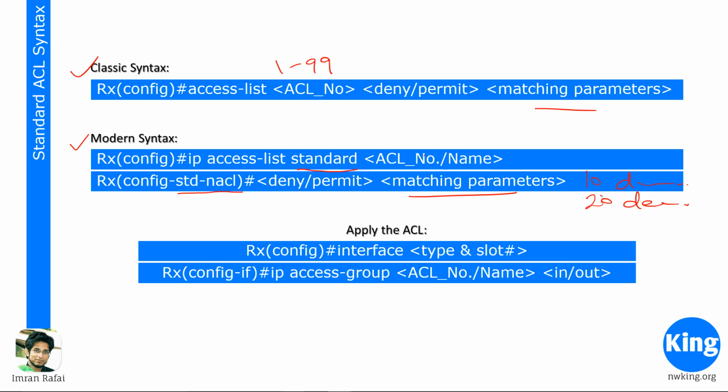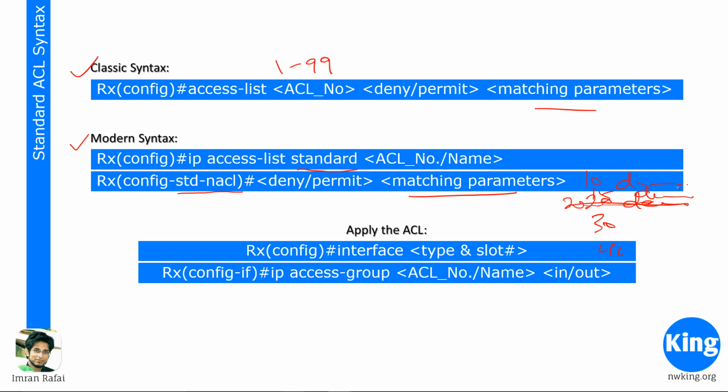So if you want something to come in between these, you could manually put a sequence number 15 and say deny, and that is going to come in between there. Or you can just say delete 20, with 30, 40, 50 remaining. This line gets deleted, and you can add another 20 and put the new statement.